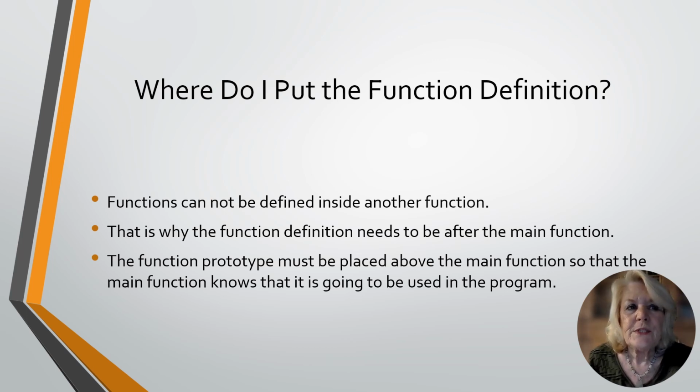The function definition is placed after the main function because a function cannot be defined within a function. The function definition consists of the function header and the executable statements which are part of the function. If the function returns something, then that is also listed as in the return statement.